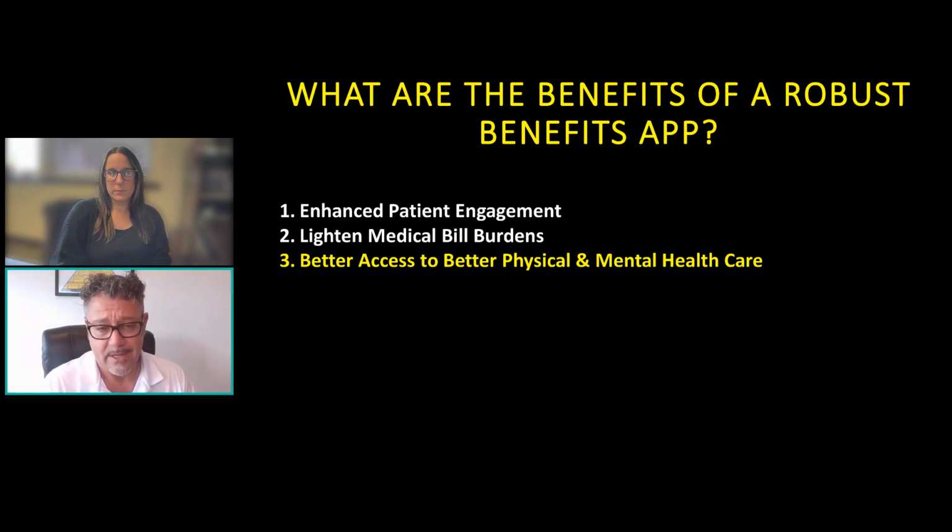Better access to better physical and mental health care. There are many apps out there now that have excellent support when it comes to better physical and mental health care, so you can get that better access.